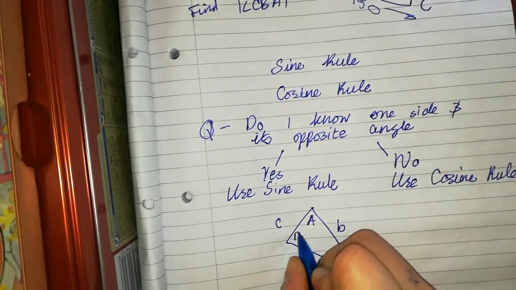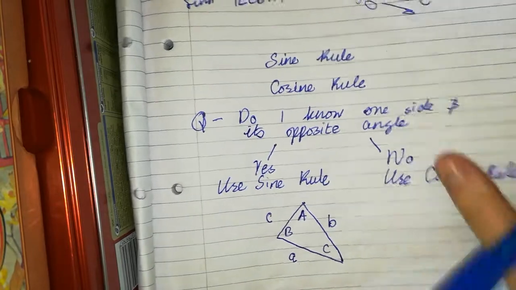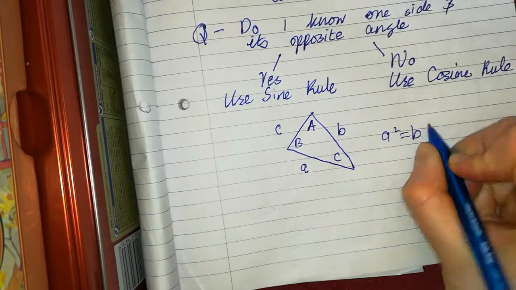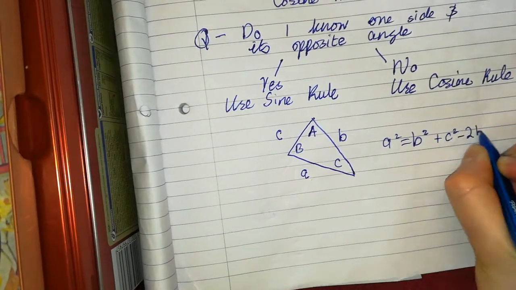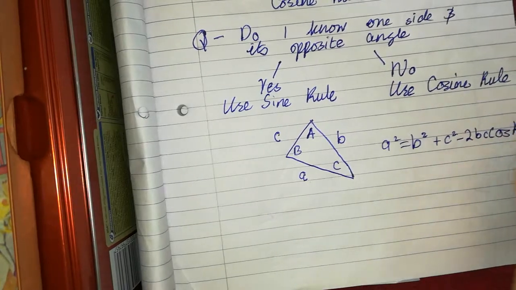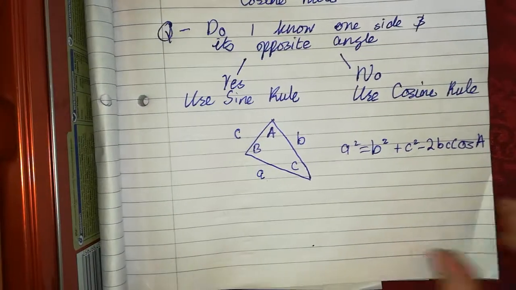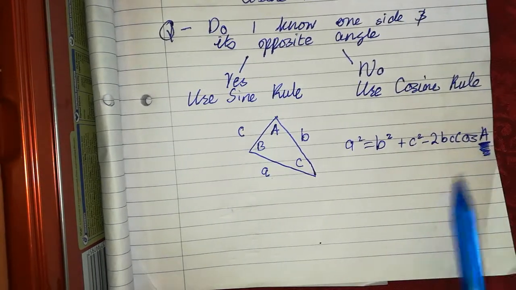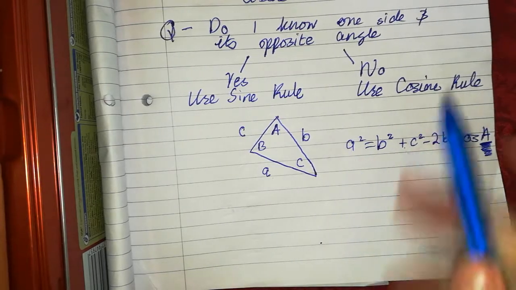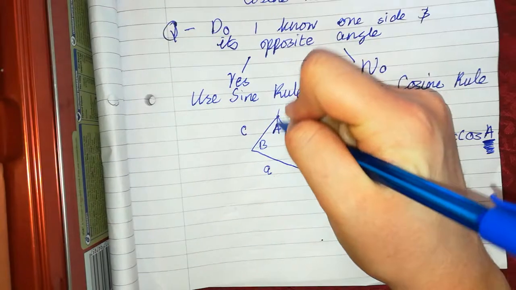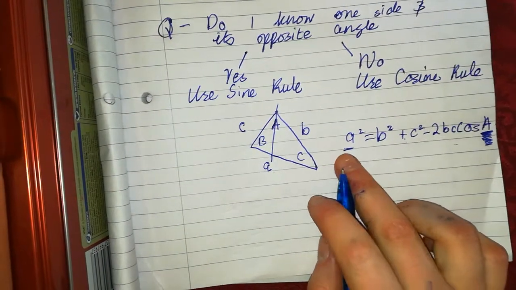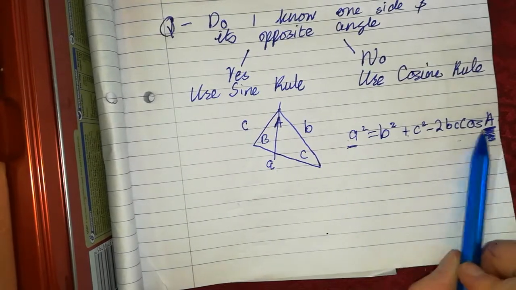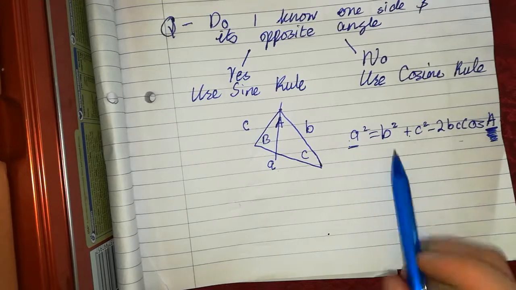If you're wondering how we'll use the cosine rule, they give us this diagram on page 16 and they say a squared is equal to b squared plus c squared minus 2bc cos A. Basically, we only have one angle in the cosine rule, and the side opposite that angle, side A, has to be in the front here. If we had angle B here, this would have to be side B. If we had angle C here, this would have to be side C, and the other two sides fall in.